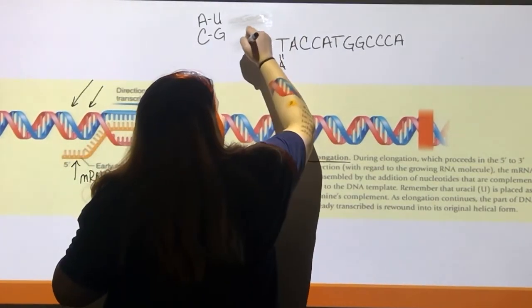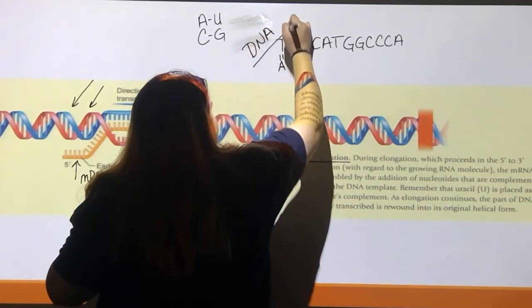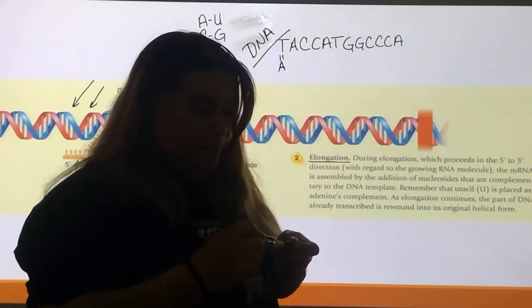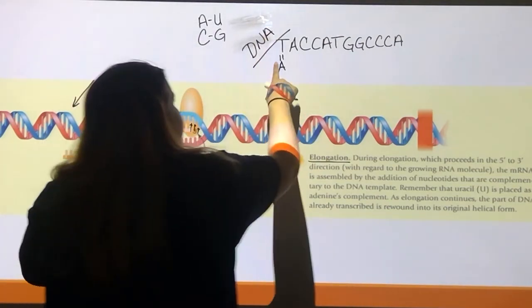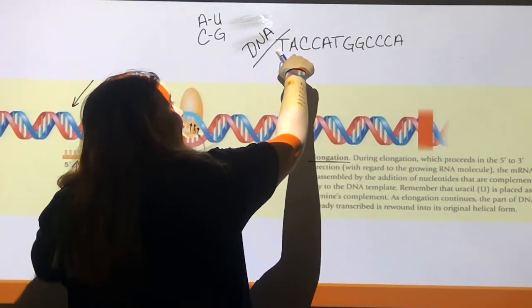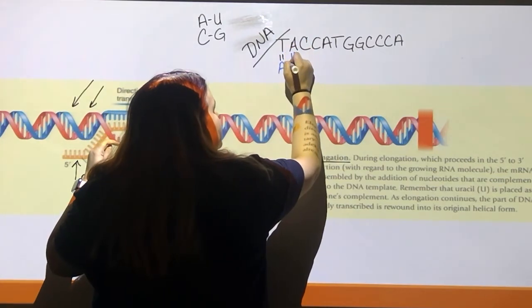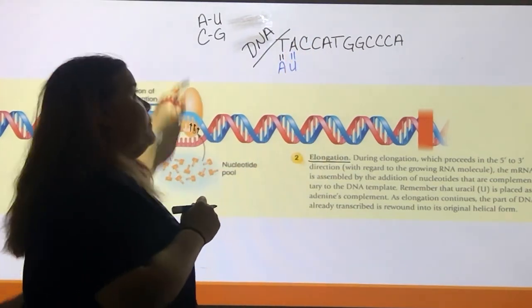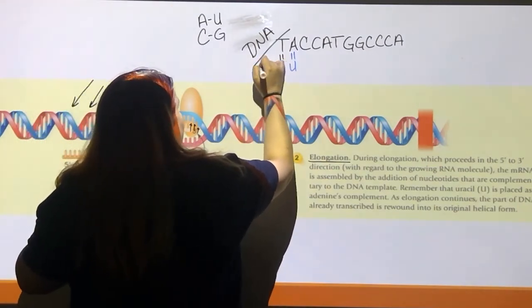But if in the DNA, let me do this. If in the DNA, I'm going to switch to blue for the RNA. In the DNA, I have an A. What goes across from it is a uracil, because this is messenger RNA.